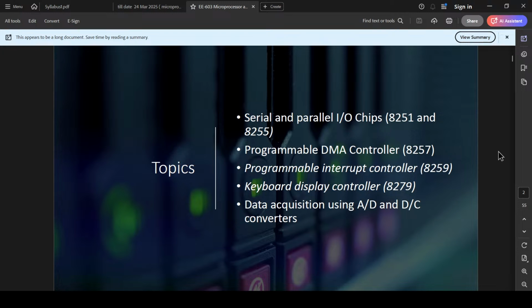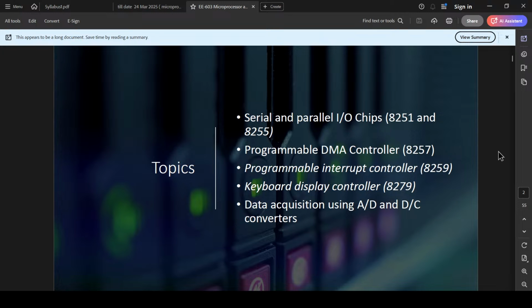So serial and parallel IO chips. I will just write it. Serial and parallel IO chips: 8251, 8255.